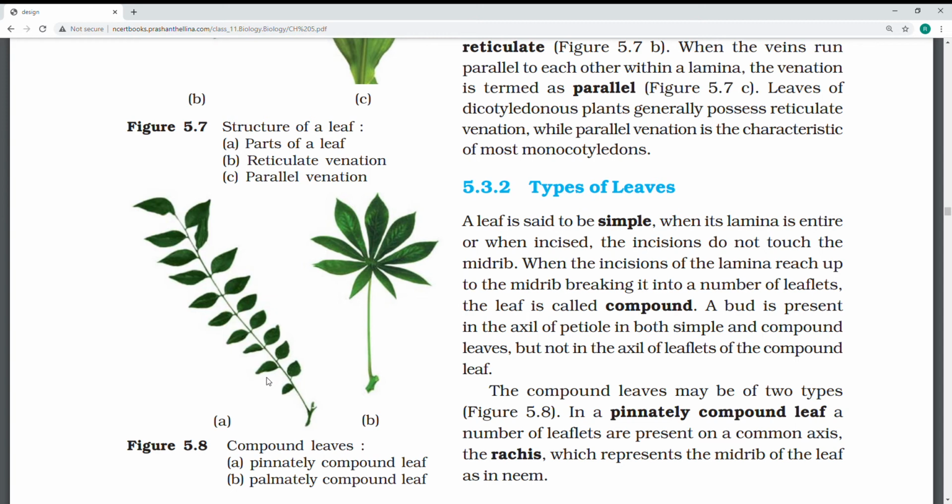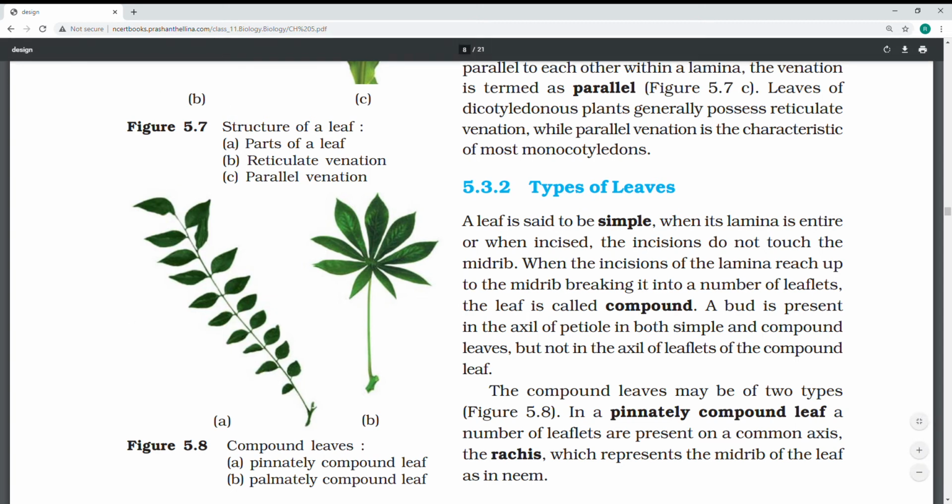Depending on that, even phyllotaxy, the pattern of arrangement of leaves on the stem, is called phyllotaxy. If you see the phyllotaxy, the alternate, I'll go on to next page.